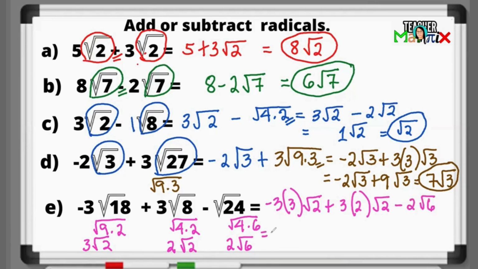Simplify. Negative 3 times 3 is negative 9 square root of 2 plus 6 square root of 2 minus 2 square root of 6.